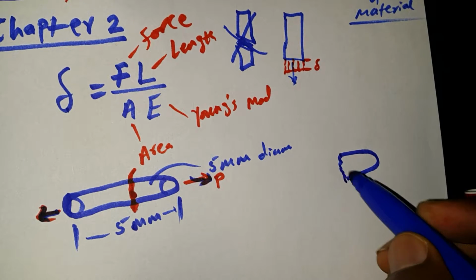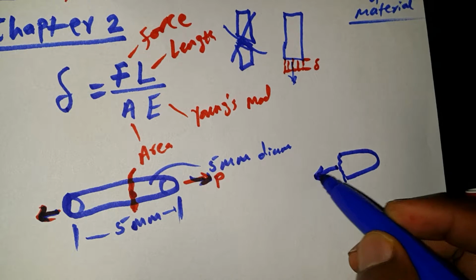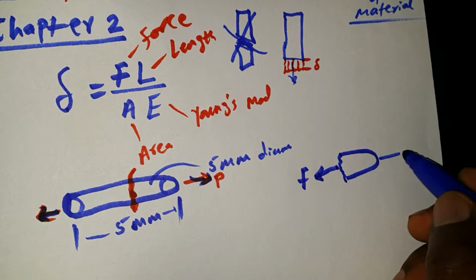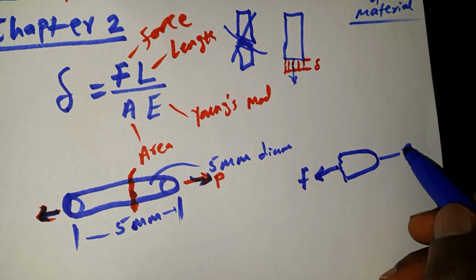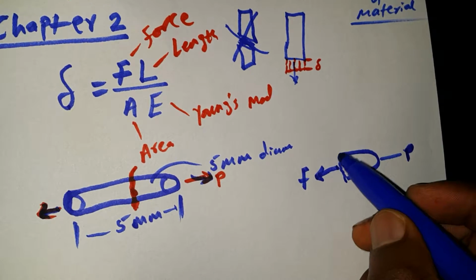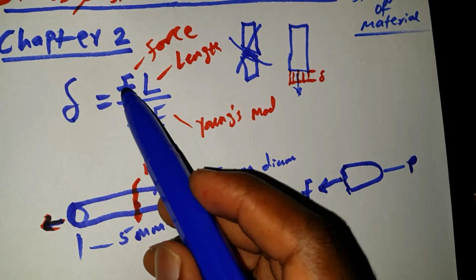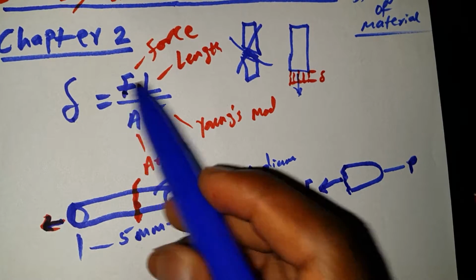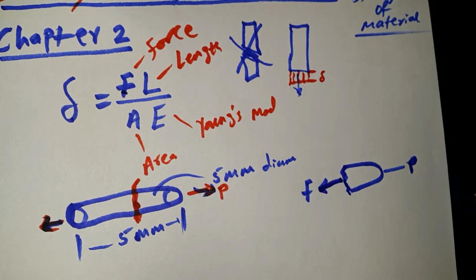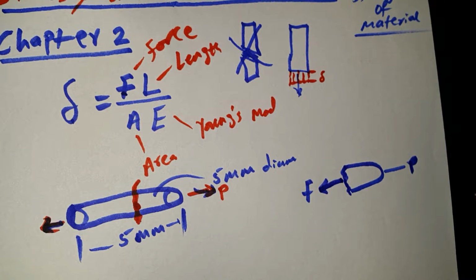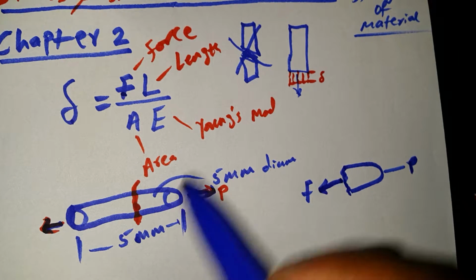We can find the force here, and this is P. The reason why we cut it is for us to find the internal force on the member. Now we know the length.